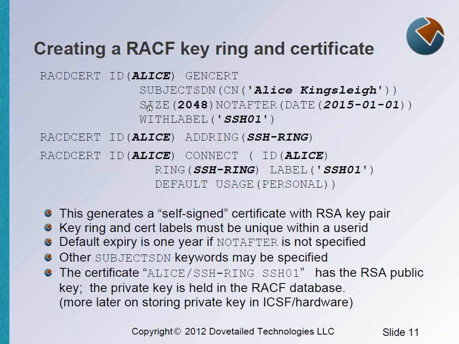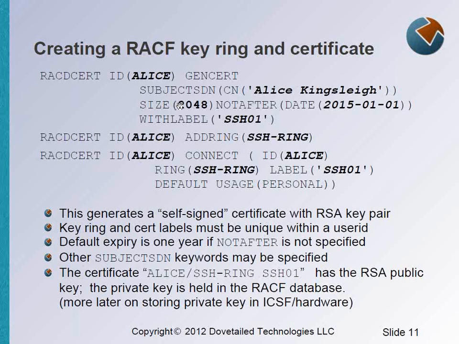By default, the certificate is going to be an RSA certificate. It's going to use the RSA algorithm, which is probably the one you want to use anyway. It's the most widely implemented. And on z/OS, if you're using some of our stuff, you can actually use a coprocessor, if you have one, to do the RSA operation.